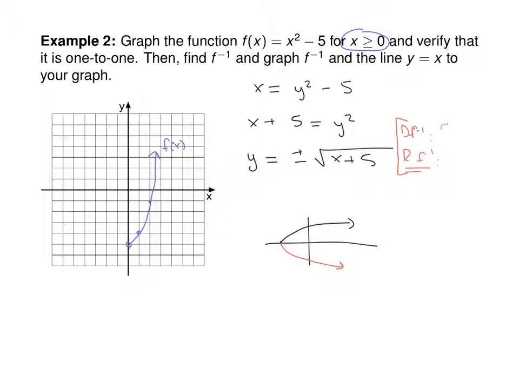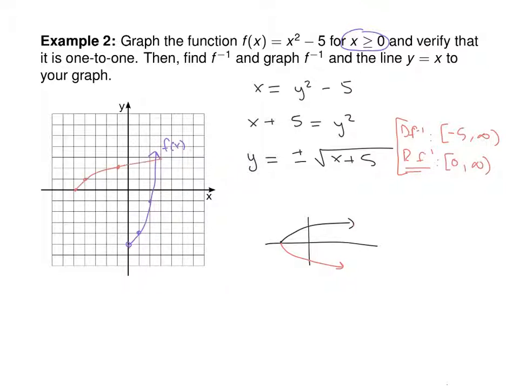So the domain of f inverse is from negative 5 to infinity. Both of those have that property, right? The range of f inverse has to be 0 to infinity. Does that make sense? So which one of these are going to have the y's that are from 0 to infinity, the top one or the bottom one? Top one. So that's the one you choose.